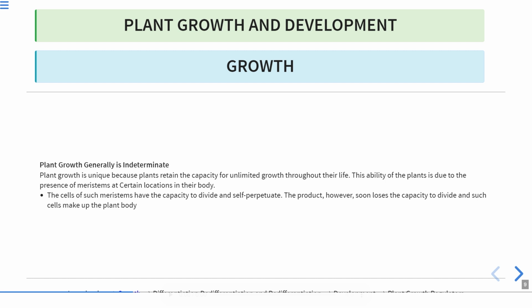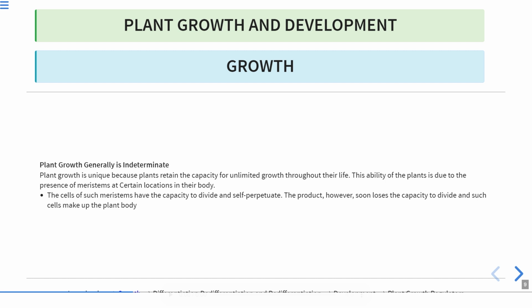The product, however, soon loses the capacity to divide, and such cells make up the plant body. The cells of the meristem have the capacity to divide, redivide and self-perpetuate. Whatever cells are formed by the activity of the meristematic tissue lose the capacity to divide, and such cells make up the plant body.